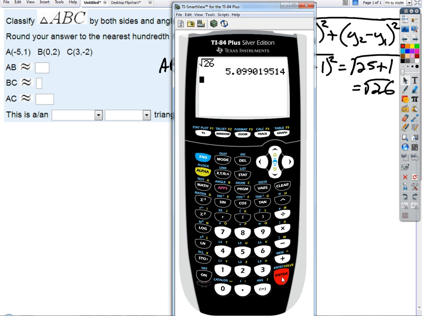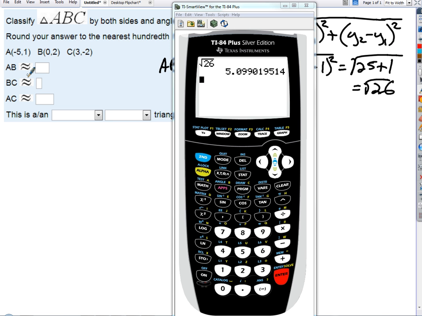Yeah, 5.10, because if I go out 2 decimal places, I have to go 1 more to see if I round up. So 5.099 rounds up to 5.10. What does that wavy equal sign mean? Approximately, right? Because we're rounding.